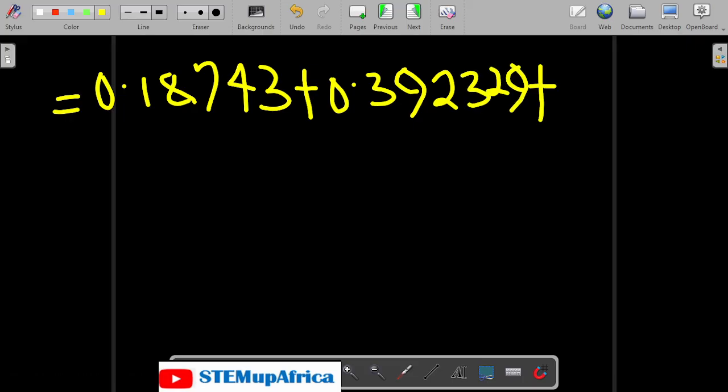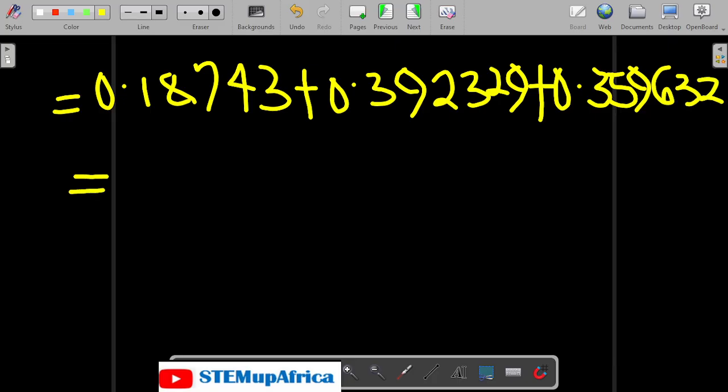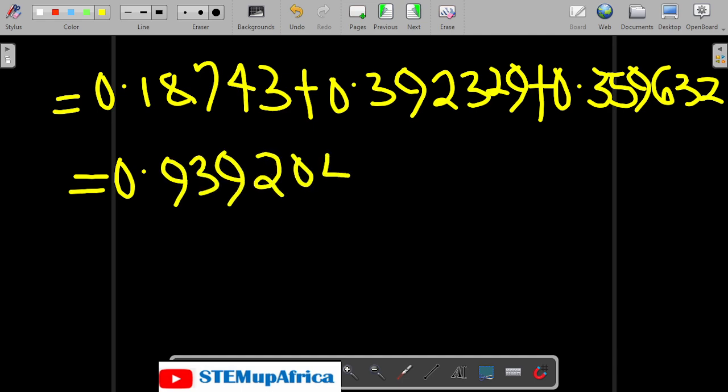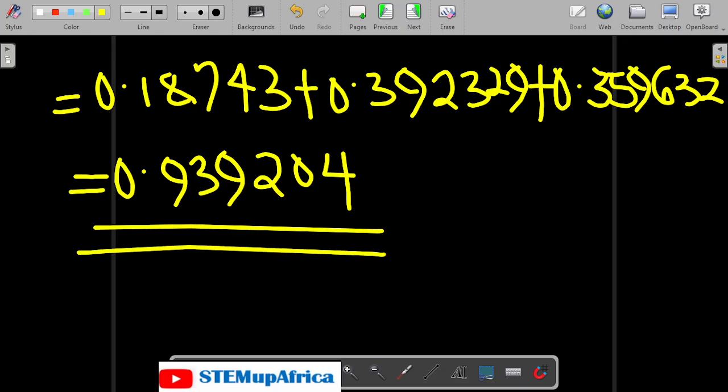And for 8, I'm going to have 0.359632. So if we add up, I'm going to have 0.939204. This is now the solution to question 13A.